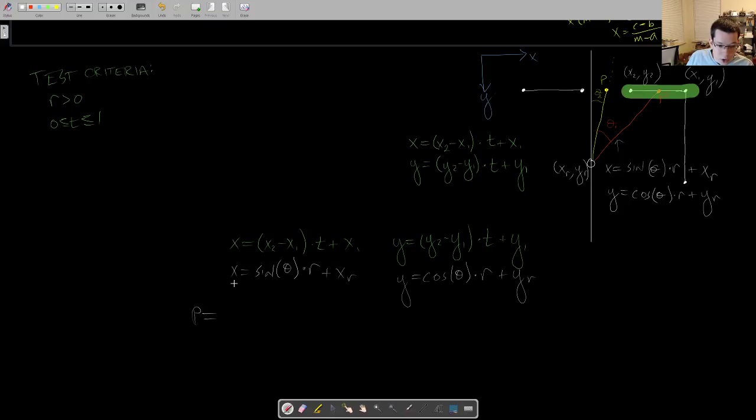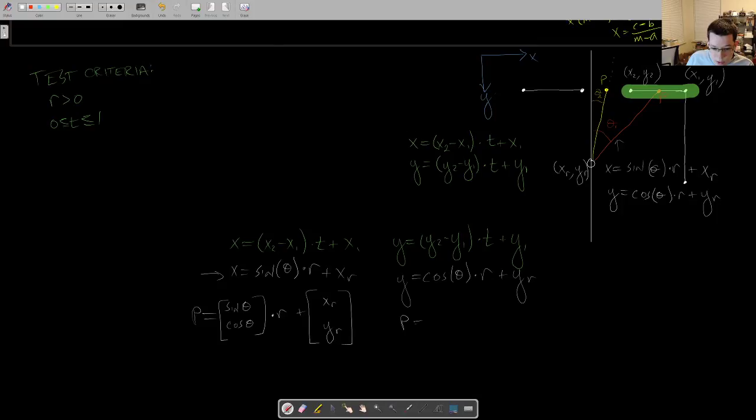the slope, so we'll do this one first. So it's equal to, sine theta and cosine theta? Yeah. Sine theta, cosine theta, times r plus xr yr.